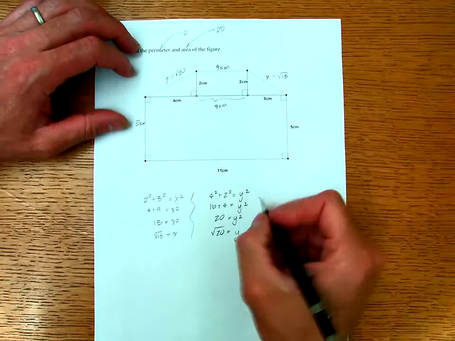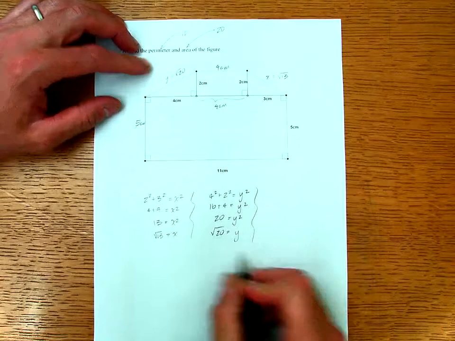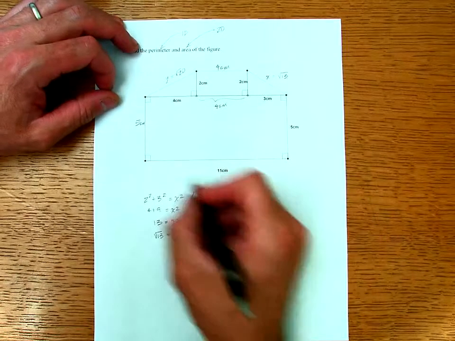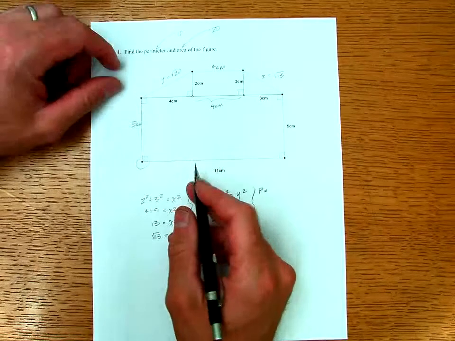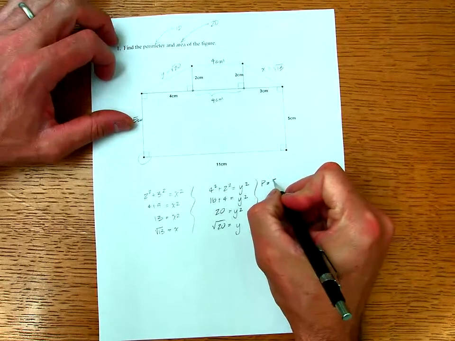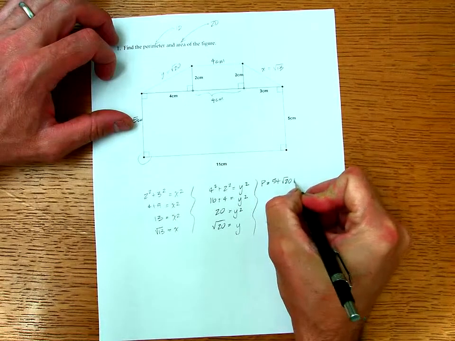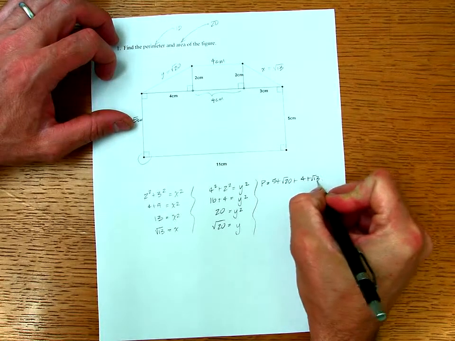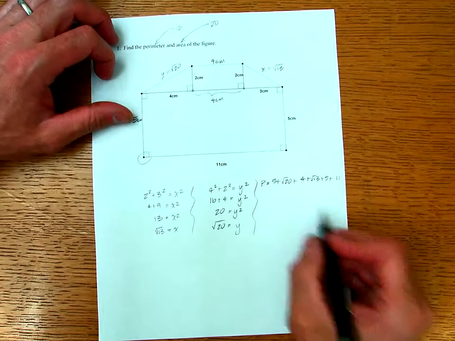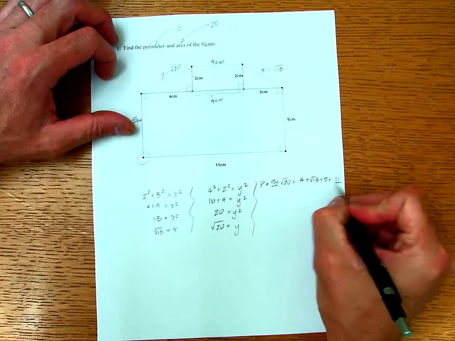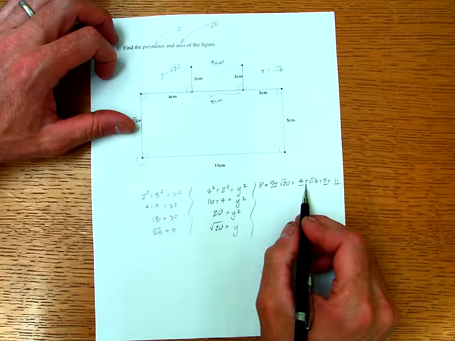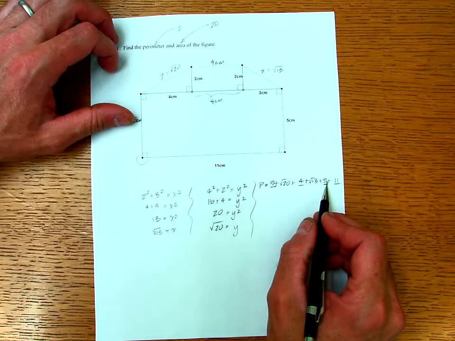So if we wanted to find the perimeter of the figure, we would simply add the distance around it. Let's start from this corner and go in a clockwise sense. So it would be 5 plus root 20 plus 4 plus root 13 plus 5 plus 11 centimeters. I can see that I have some like terms in terms of integers. So 5 plus 4 is 9. 9 plus 5 is 14.